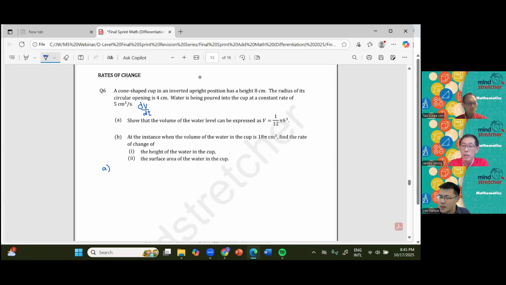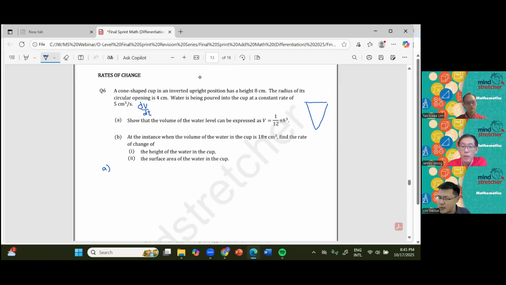In this case, this is the inverted cone shape. We all know what a cone shape is. If I look at the side view of a cone, it will be a triangle. So if I look at the side view of my cup, it will be a triangle, but an inverted one, upright. The total height is 8 cm and the radius is 4.